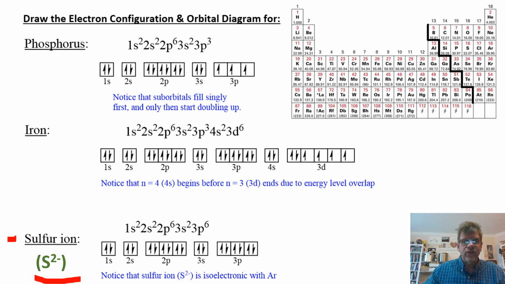I'm bringing up a fancy science word here down on the bottom. Notice that sulfur ion is isoelectronic with argon. We're going to hear that term isoelectronic. Iso means equal, electronic means electrons, so an equal number of electrons as argon.